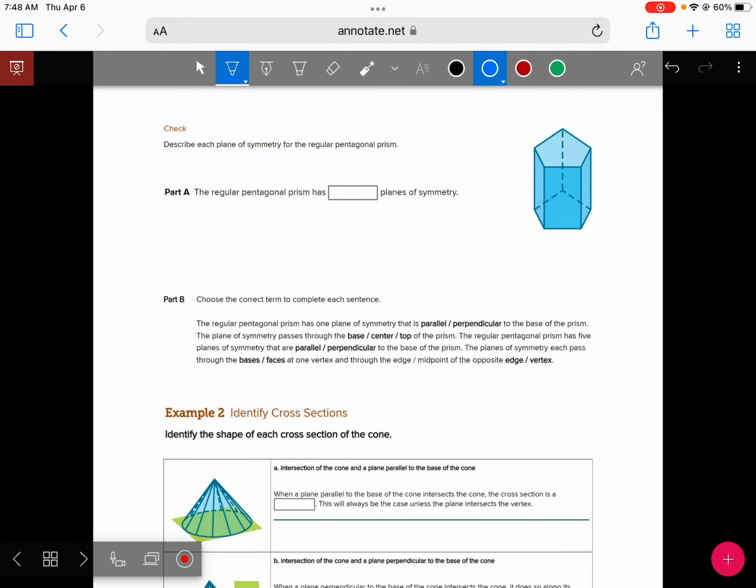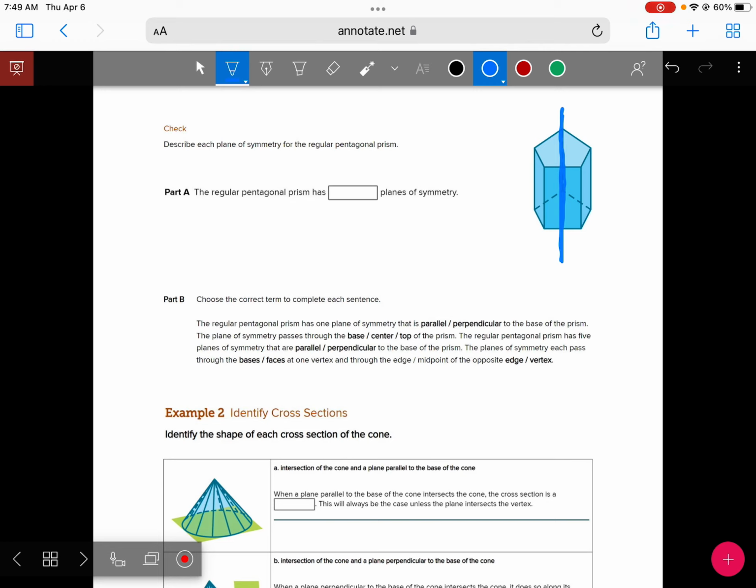All right, so now we have a regular pentagonal prism. It says the regular pentagonal prism has how many planes of symmetry? All right, so think about this. Let's say I put one right down that middle.